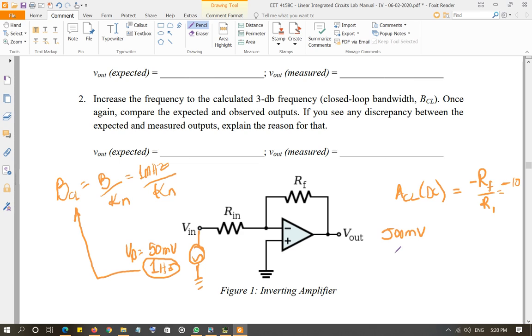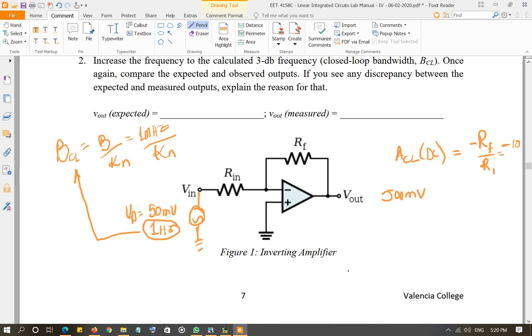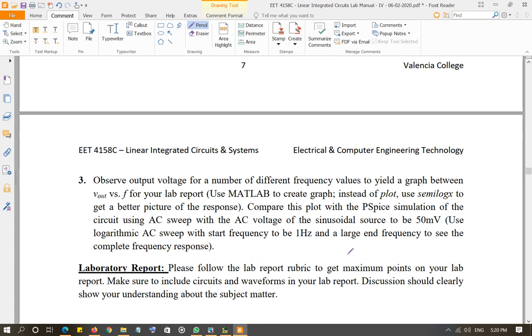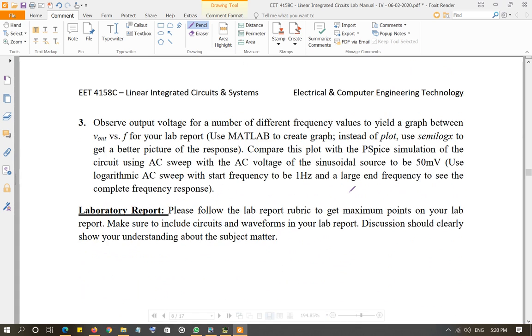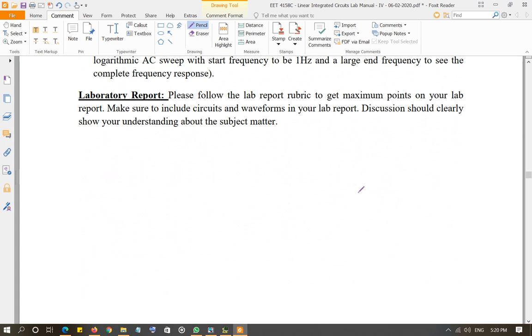The output should be down to 1 over square root of 2 times 500 millivolt. And once you see that, that confirms that the calculated value BCL is your 3 decibel frequency or closed loop bandwidth.